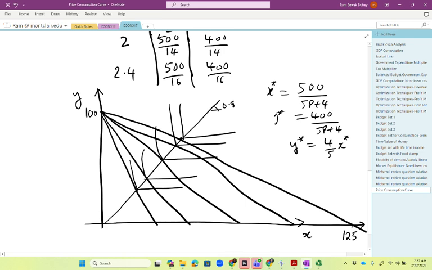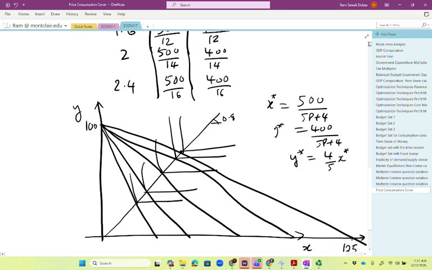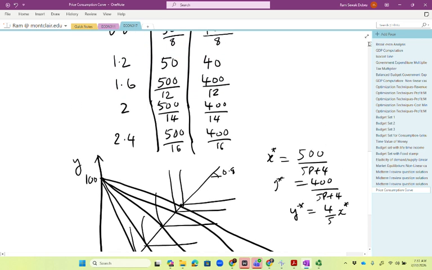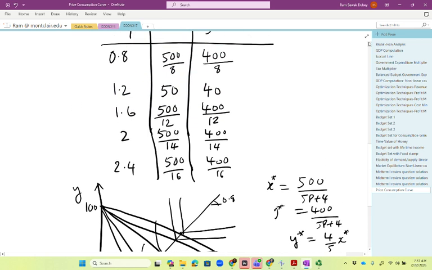Maybe I should point out the choices by giving them a name. I will call the first one point A, the second one point B, then C, D, E, just to denote them on the graph.